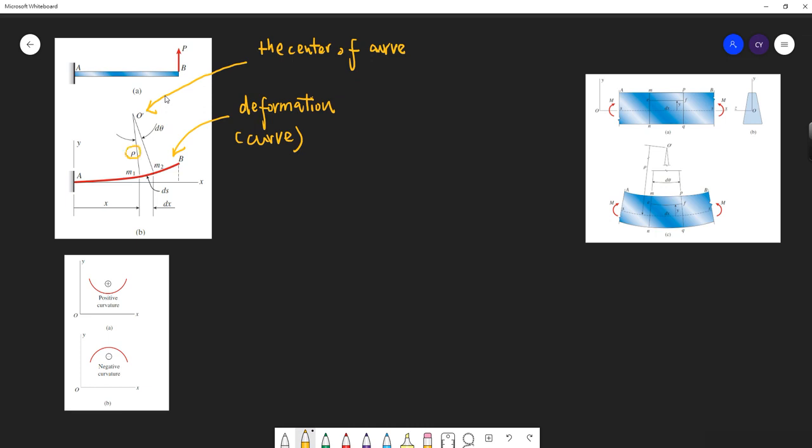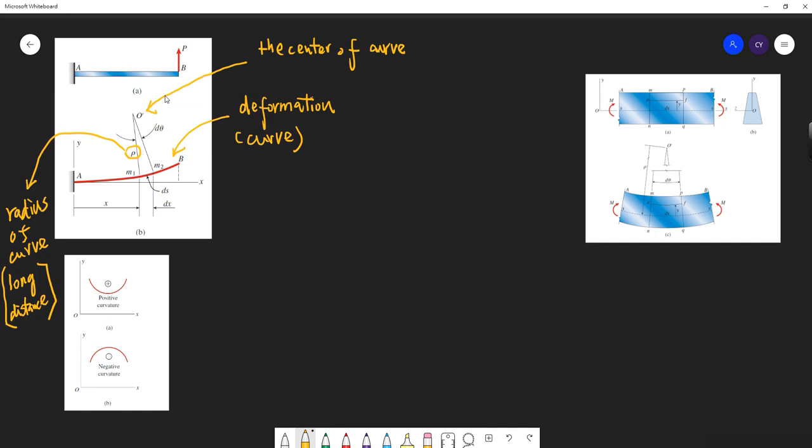And the rho here is the radius of curve. Maybe a long distance. This is a long distance.